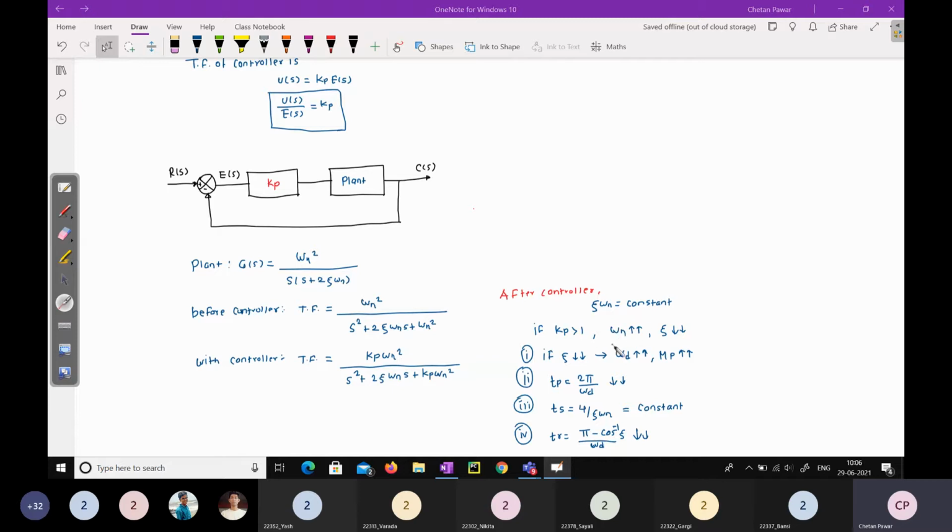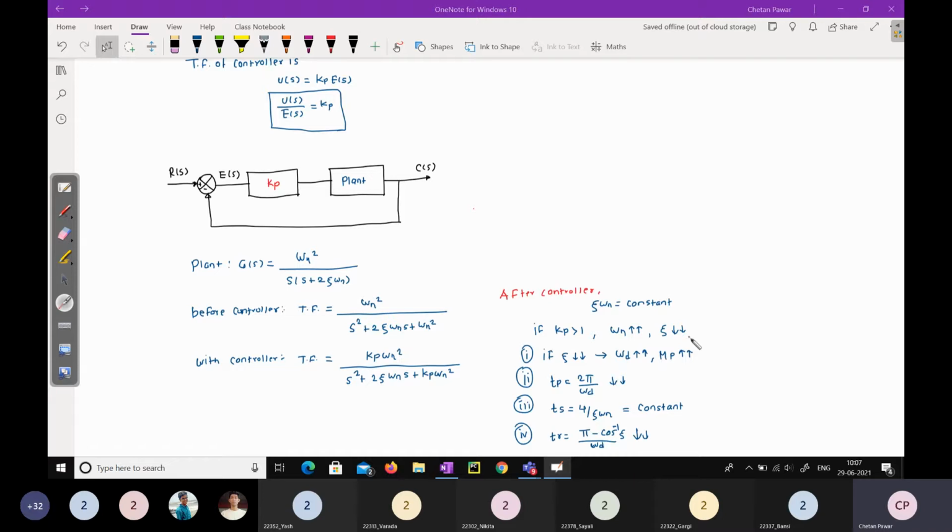Now if you see this factor 2 zeta omega n, if omega n is increased, what will be the effect on zeta here? Zeta will decrease, right?